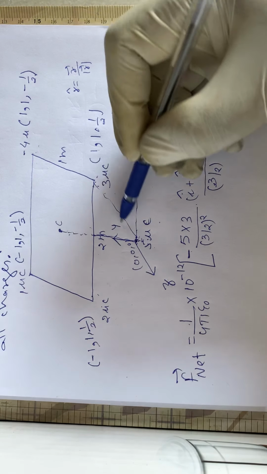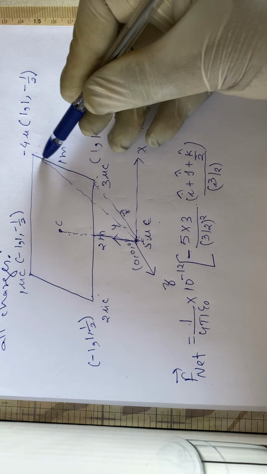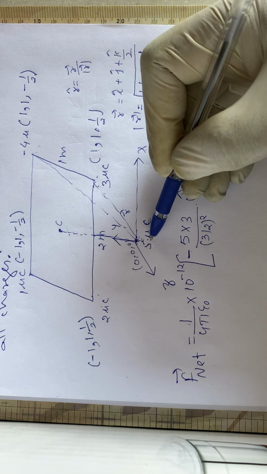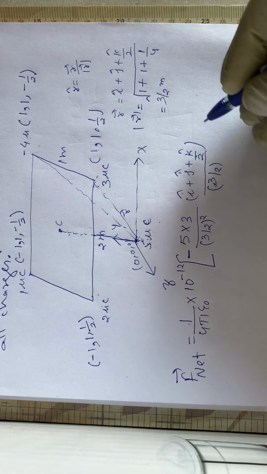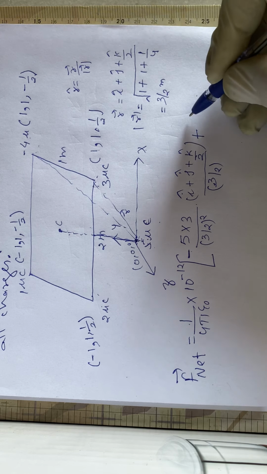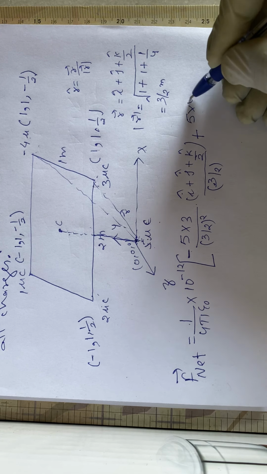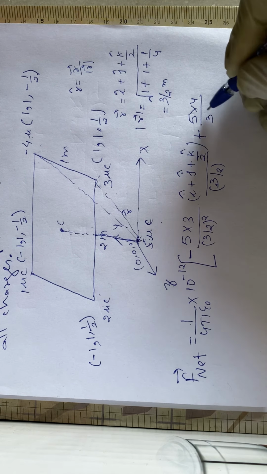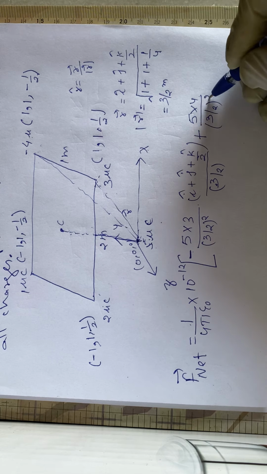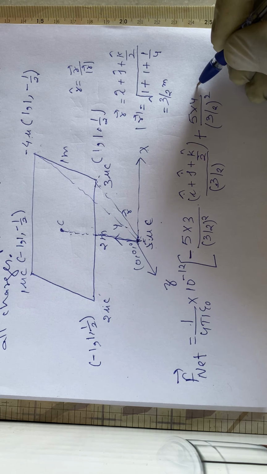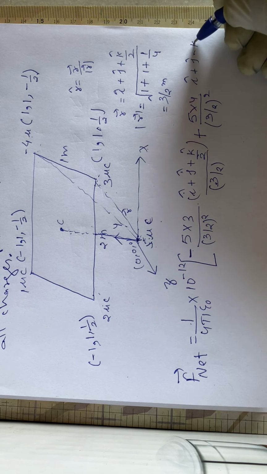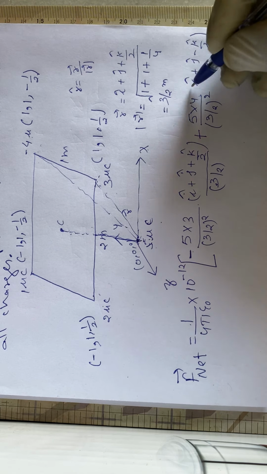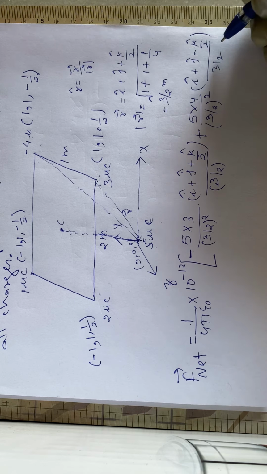Now the same way we can write the force between 5 and minus 4 microcoulomb. This force will be attractive, so we'll use a plus sign. 5 into 4 upon the distance, which would be the same, 3 by 2 squared. The unit vector would be i cap plus j cap minus k cap upon 2, upon 3 by 2.